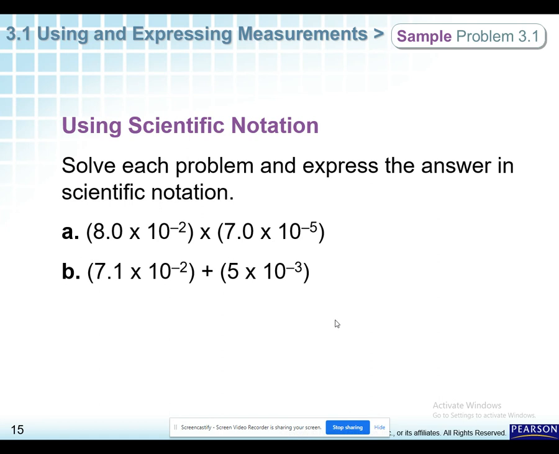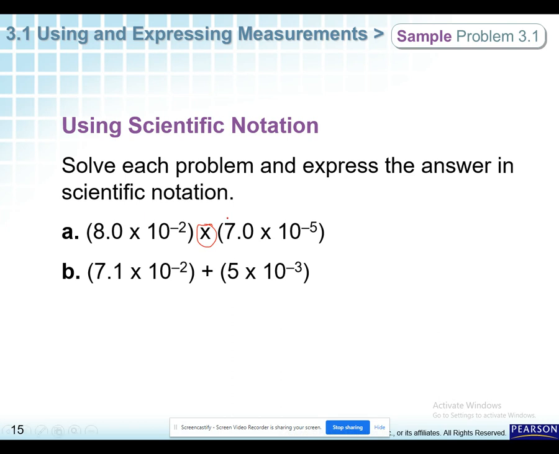Okay. So first thing you should ask yourself is, what order of operation am I doing between these exponents? And you can see right here that we are multiplying. So whenever you multiply, you need to multiply the numbers out front.